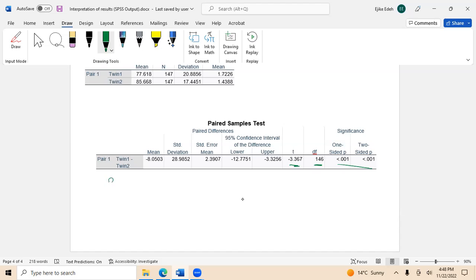So we quickly write as a practice, since the p-value, whether you're doing two tail or one tail, is less than 0.01, it is smaller than alpha. Again, alpha was not given, but we take the default, which is 0.05. Again, we reject H0.